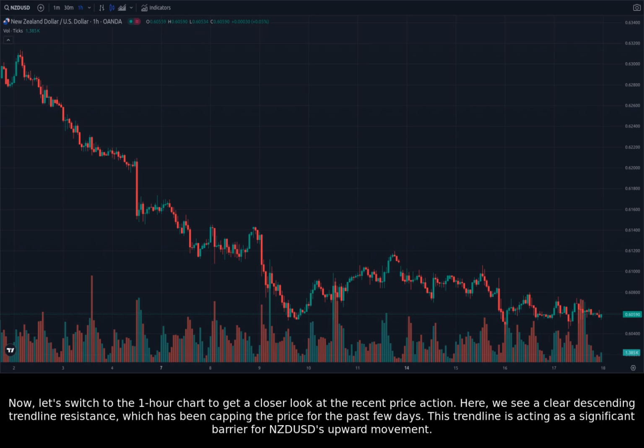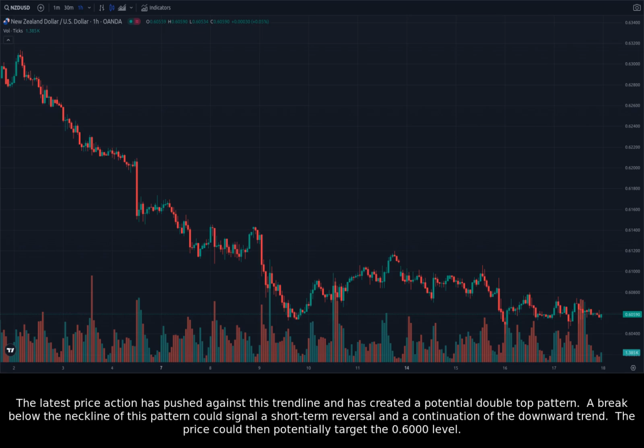Now, let's switch to the 1-hour chart to get a closer look at the recent price action. Here, we see a clear descending trendline resistance, which has been capping the price for the past few days. This trendline is acting as a significant barrier for NZDUSD's upward movement. The latest price action has pushed against this trendline and has created a potential double top pattern.